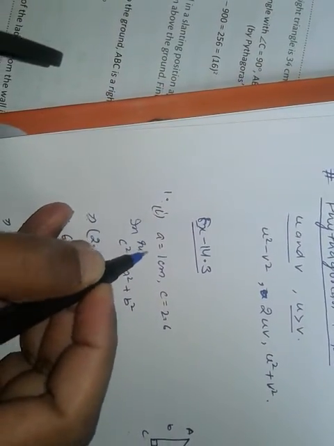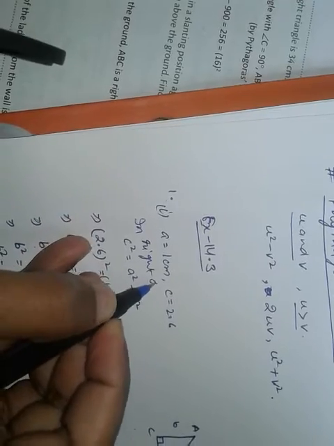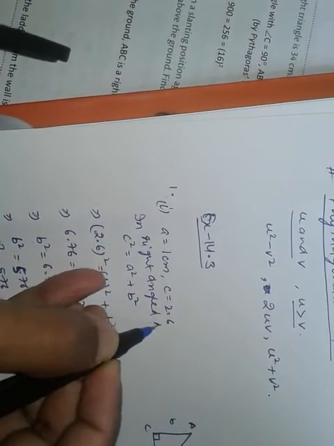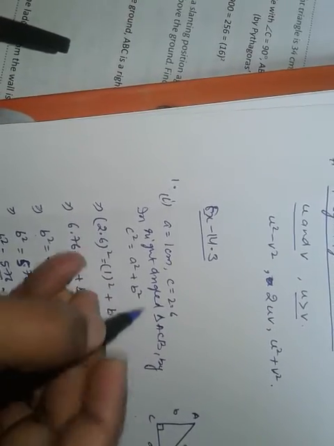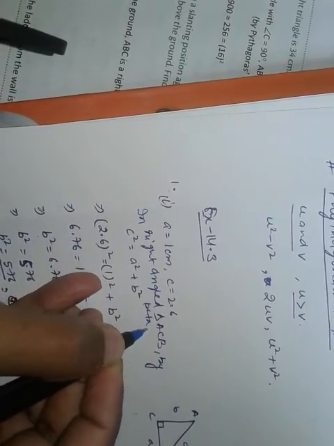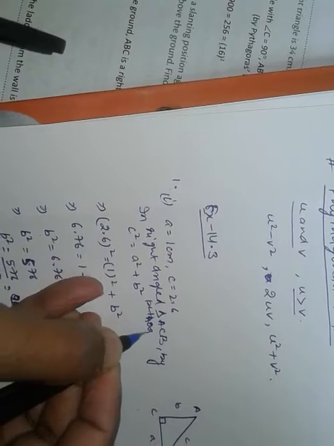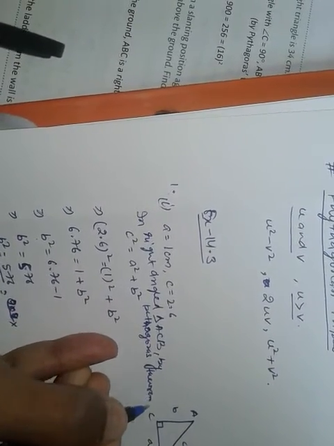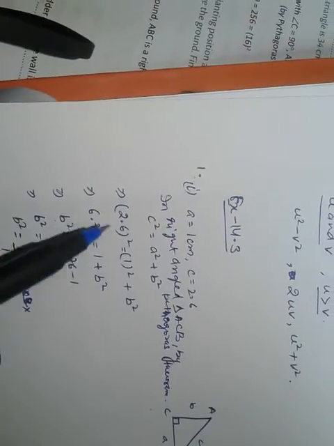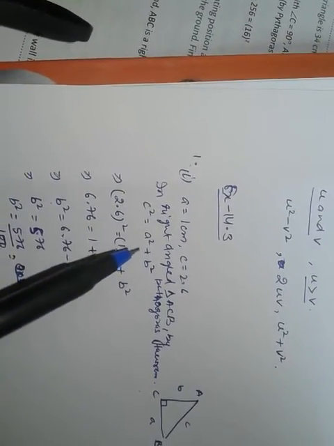In right angle triangle ACB, by the Pythagoras theorem, c square equals a square plus b square.